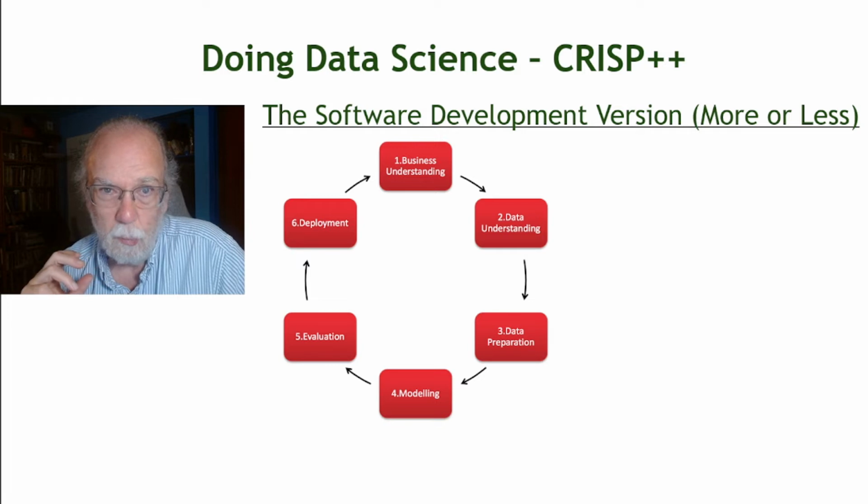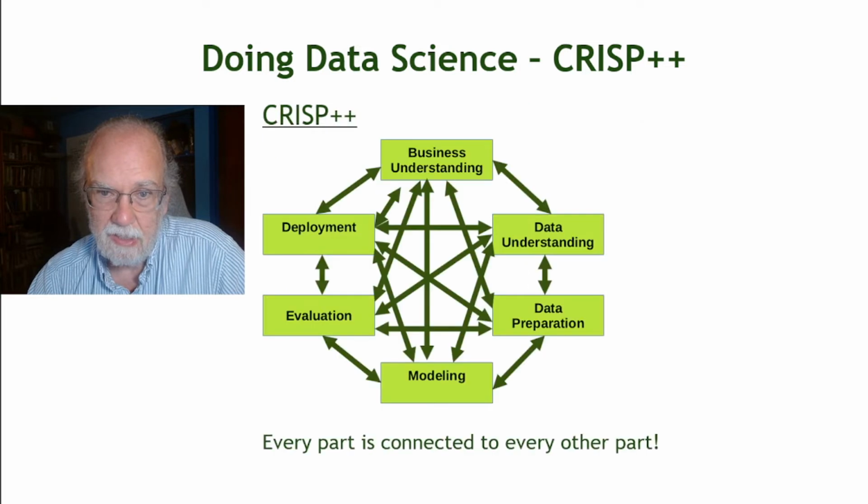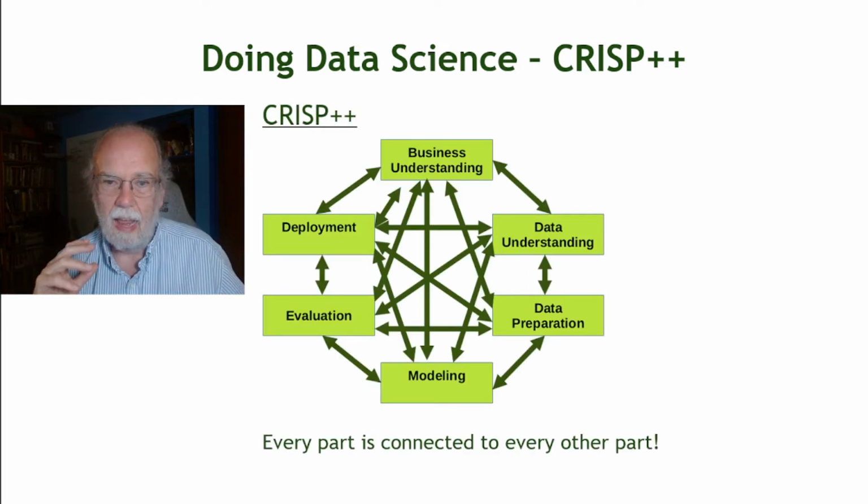Now, what I found really for data science is CRISP-DM is fairly nicely laid out, but what really happens is a lot messier. Every single part can influence every other part.